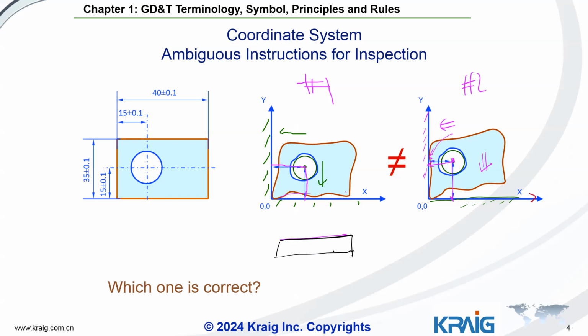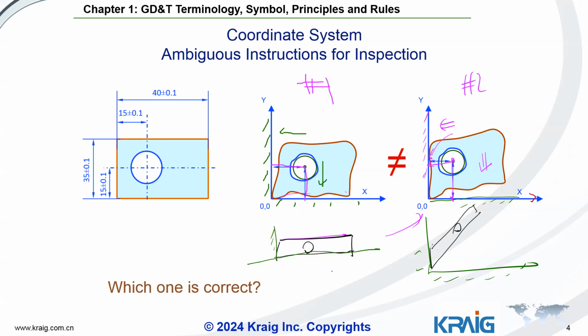How about this one? If the component is like this one, then obviously if we use this side to locate the part, then this part will be tilted like that, right? Like that. And this hole obviously will be different if we locate this first and locate this second.